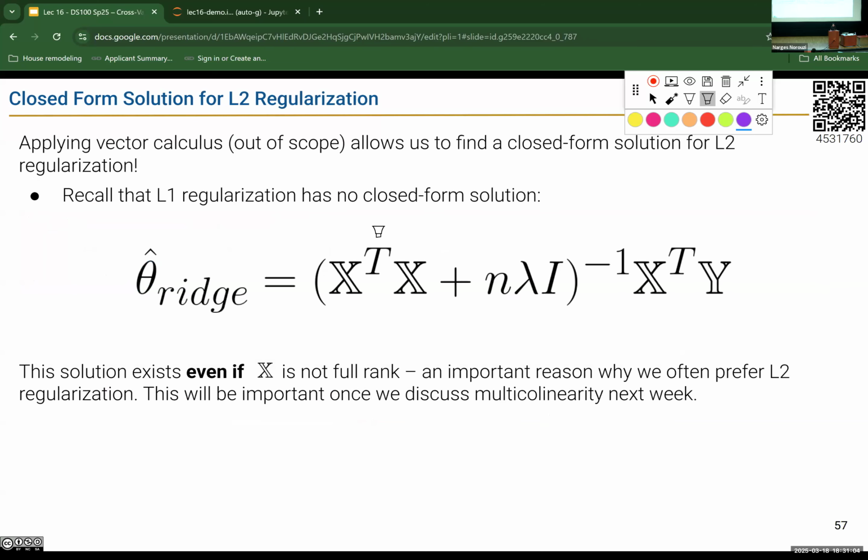But why do we actually use ridge regression and not LASSO regression? This is the last piece. I'm not going to prove it, but if you use ridge regression, no matter what your design matrix is, whether it is full column rank or not, there is a closed form solution. There is a unique solution that is closed form that we can derive.